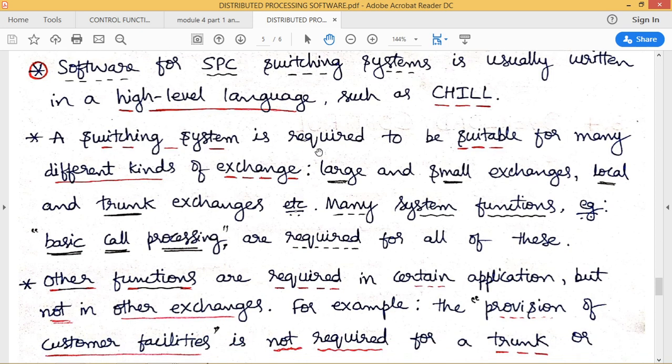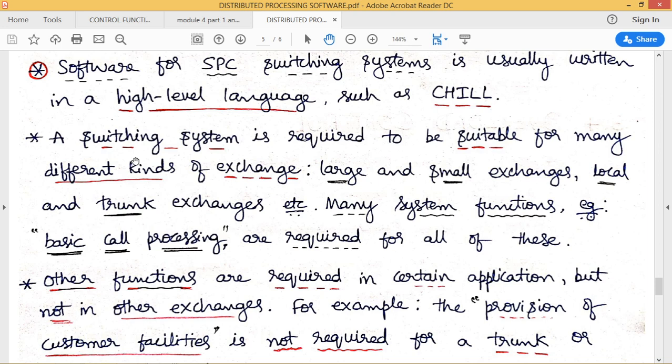A switching system is required to be suitable for many different kinds of exchange. Of course, we know a switching system is required whether it is a local exchange, that is a small exchange, or a large exchange like a tandem exchange, a trunk exchange or an international exchange.